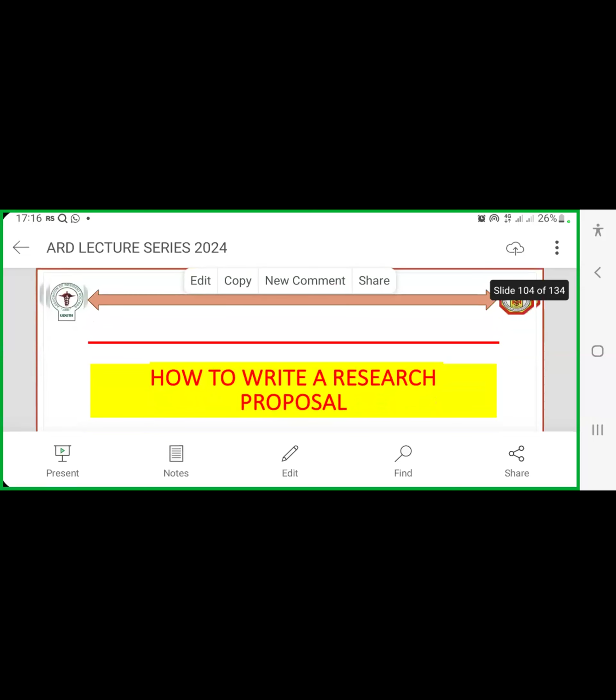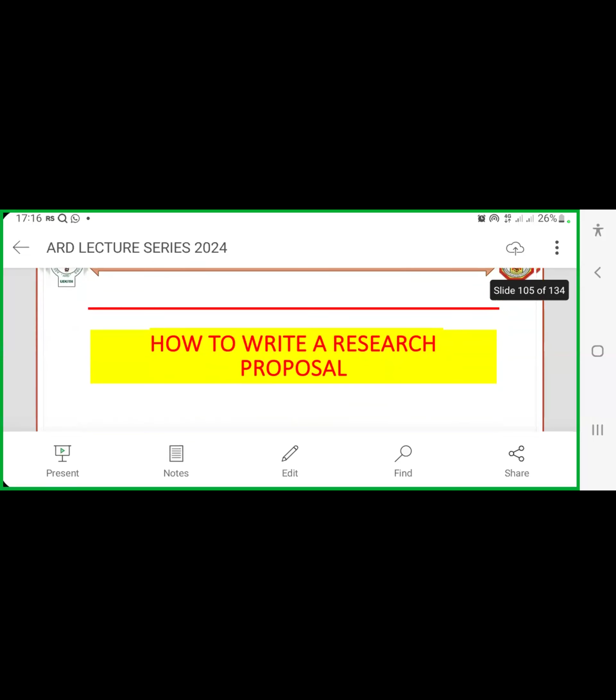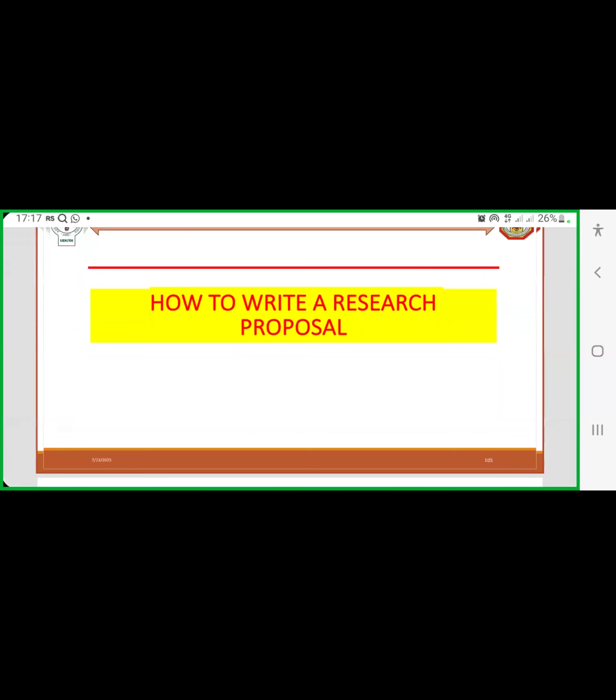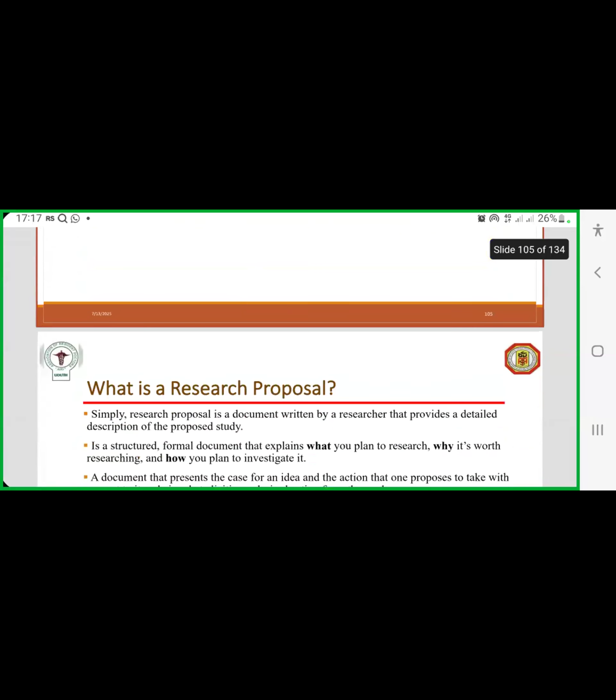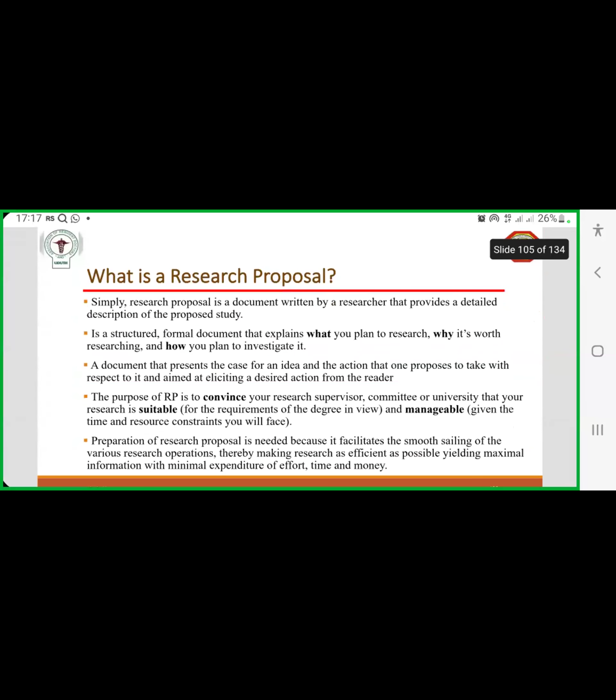So today we are going to look at how to write a research proposal. Before we go into that, let's look at what a research proposal is. Simply, a research proposal is a document written by a researcher that provides a detailed description of the proposed study.